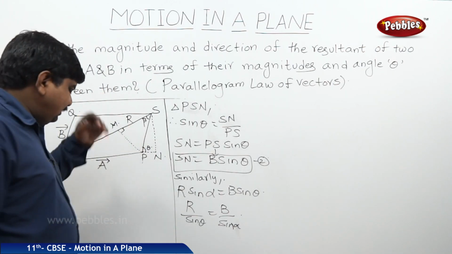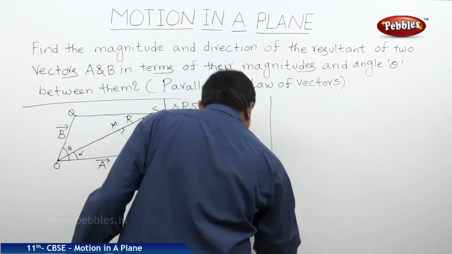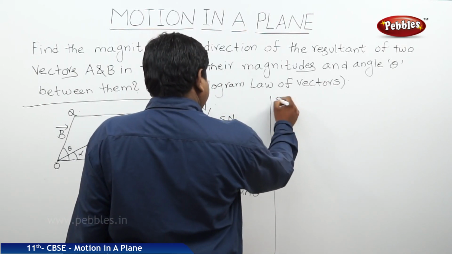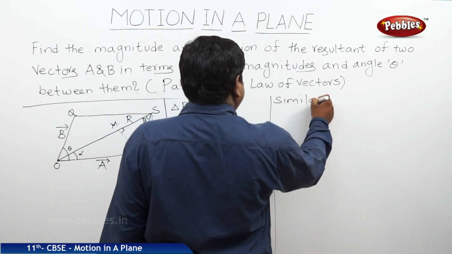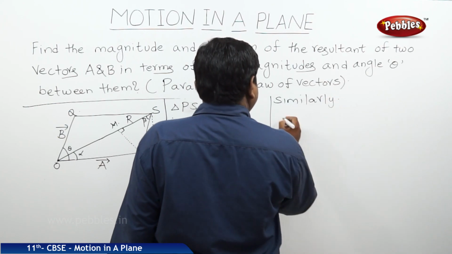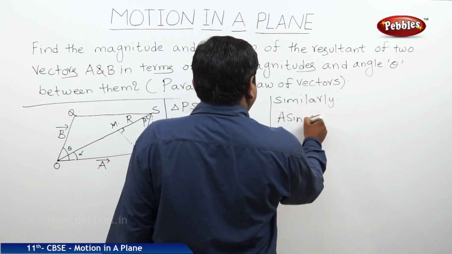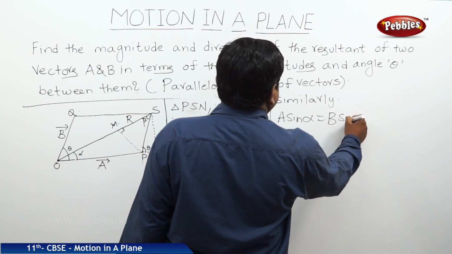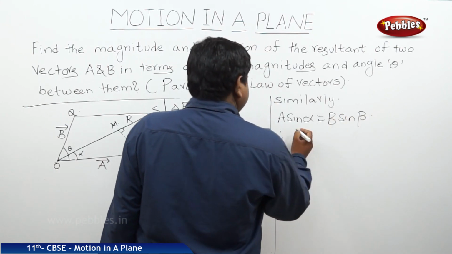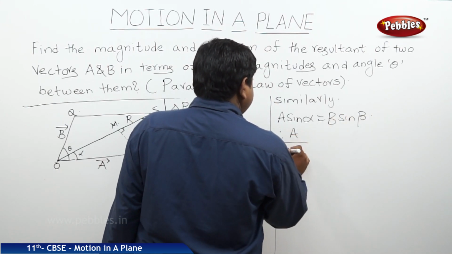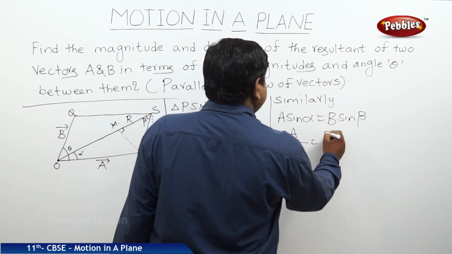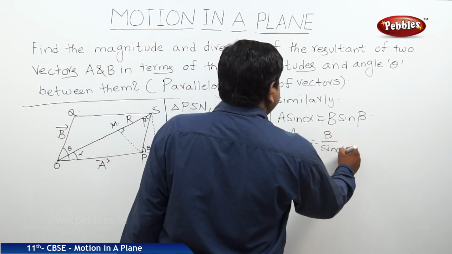We got B by sin alpha in a different way also. Therefore, again similarly from the diagram, A sin alpha is equal to B sin beta. From this, A by sin beta is equal to B by sin alpha.